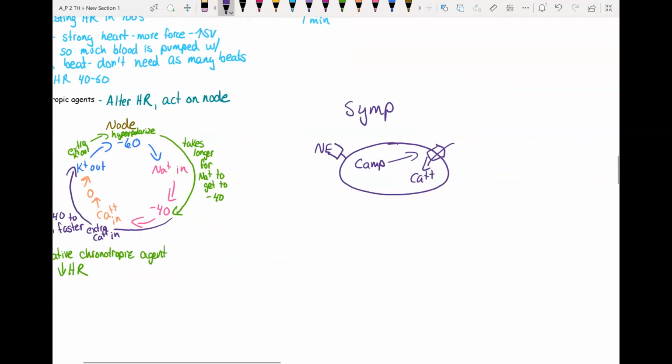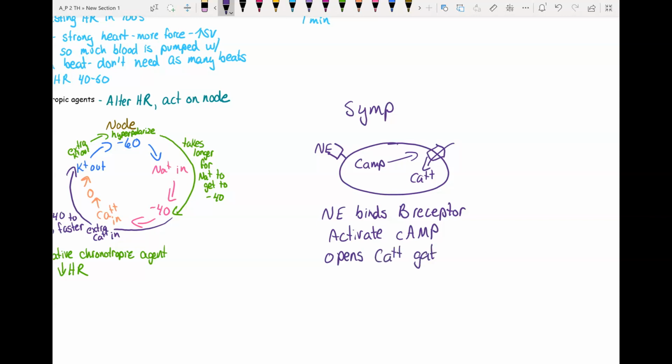So with sympathetic, norepinephrine binds the beta receptor. You activate cAMP. This opens calcium gates so that you have extra calcium to go from -40 to 0 faster.